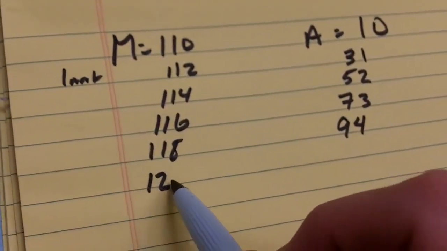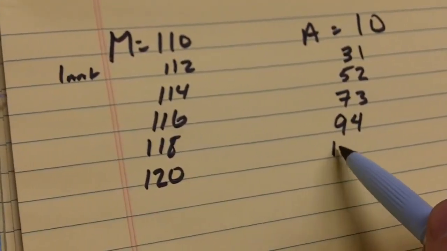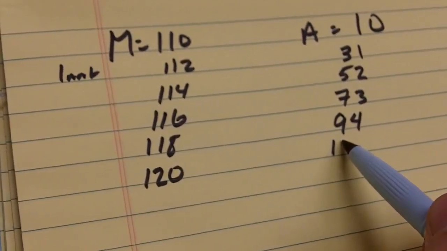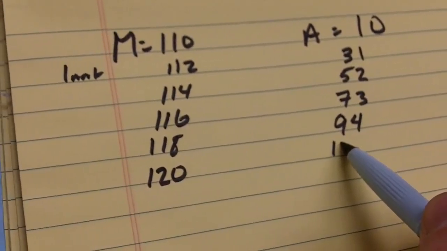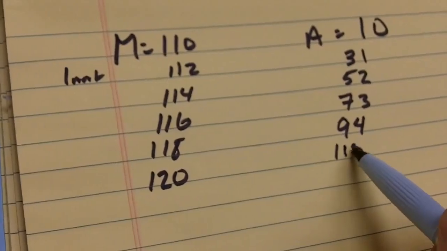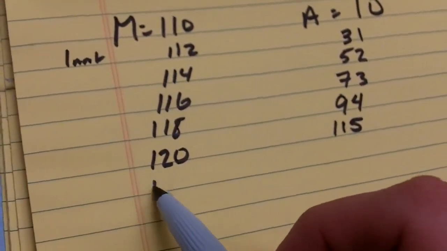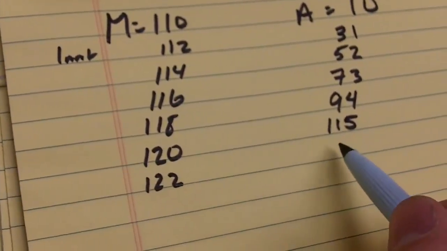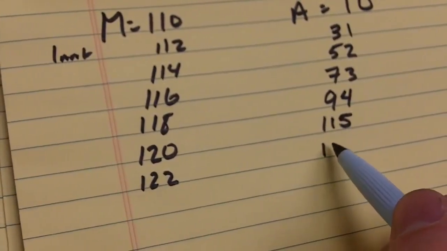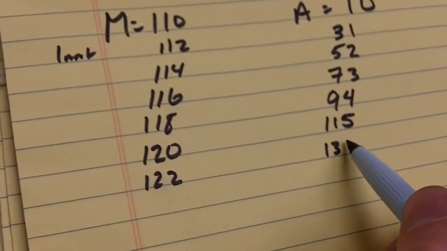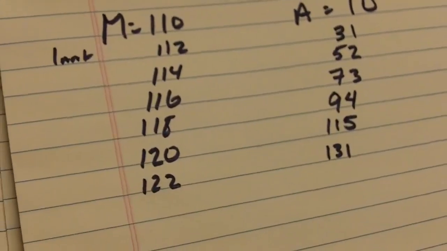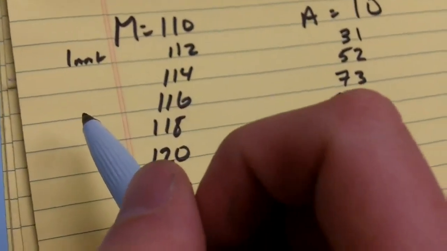This one's at 120, and this one's at 115. This one's at 122, and this one's at 136. So it's somewhere in here, so it looks like we messed up a little bit.